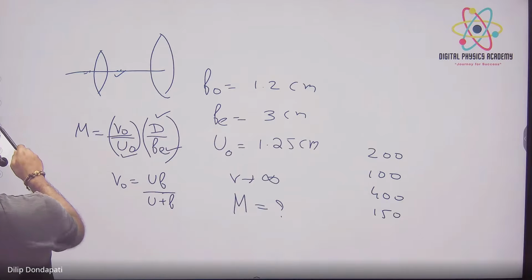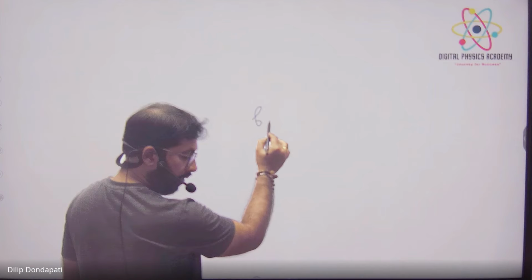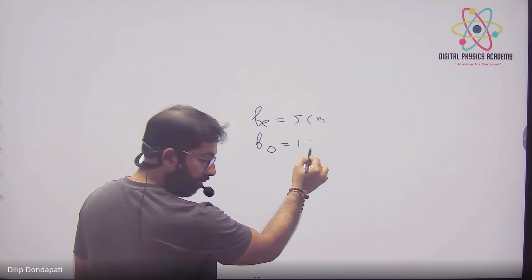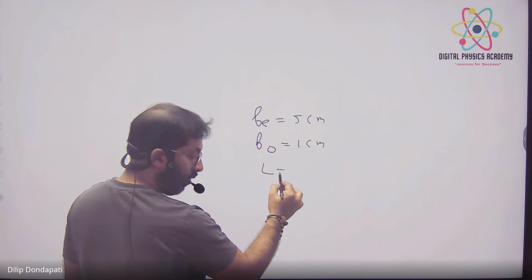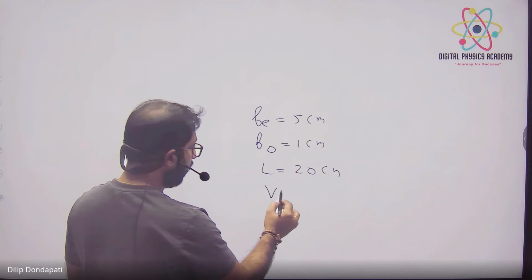The focal length of the eyepiece is given as 5 centimeters, the focal length of the objective lens is given as 1 centimeter, the length of the tube is given as 20 centimeters, and the image is formed at infinity.